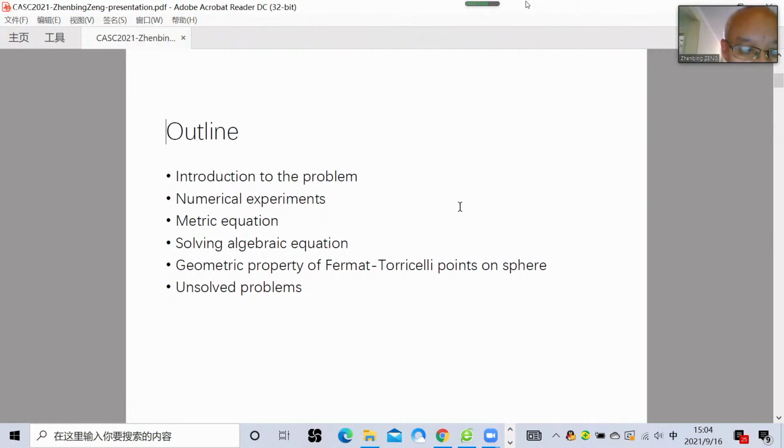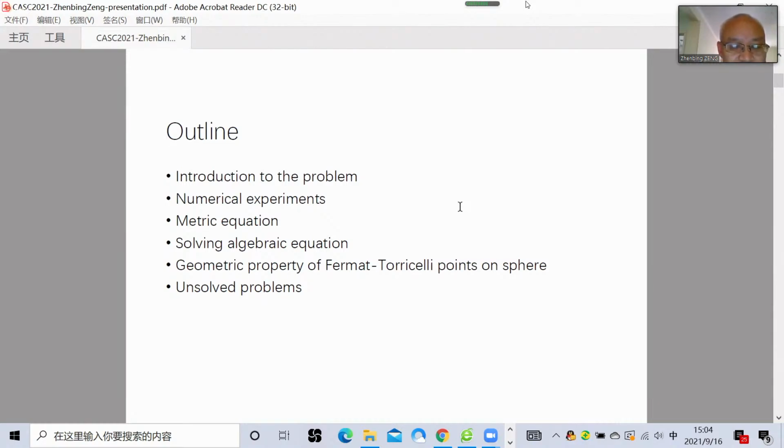First I will give some introduction to the problem. Then I will tell some results about numerical experiments. And then we tell how to transform the geometric problem to the algebraic problem, for which we will use the metric equation.